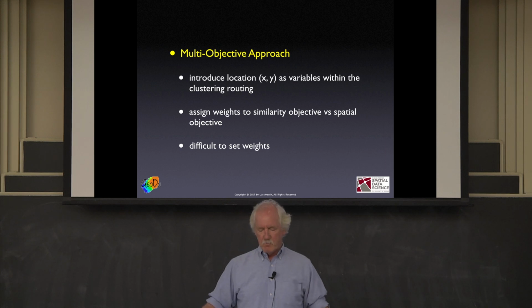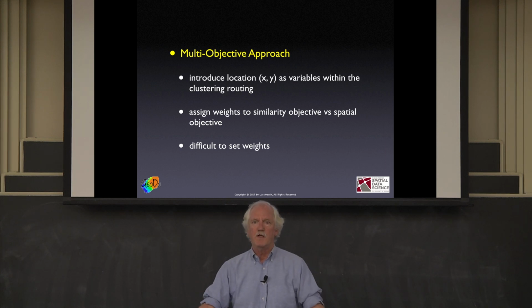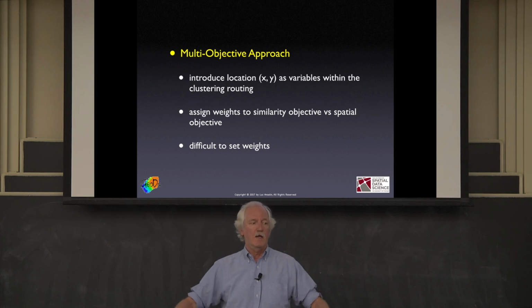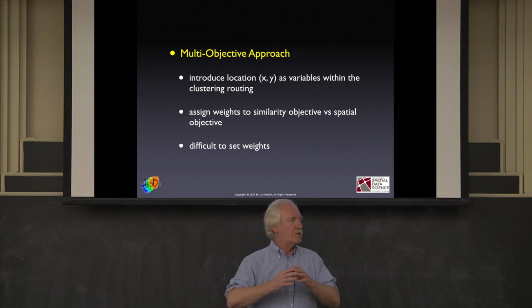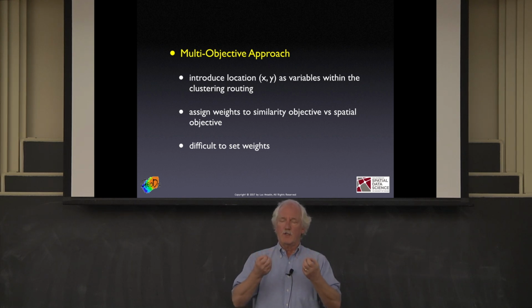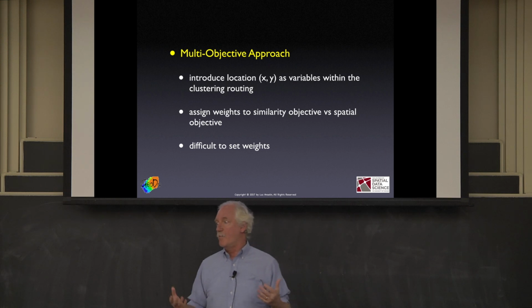Then, still old, but not quite that old, is to introduce xy coordinates into the optimization problem. So the rationale is, if you add the centroids of the observations as part of the attributes that you try to make as similar as possible, that will tend to pull the clusters towards their overall centers and make them more compact.